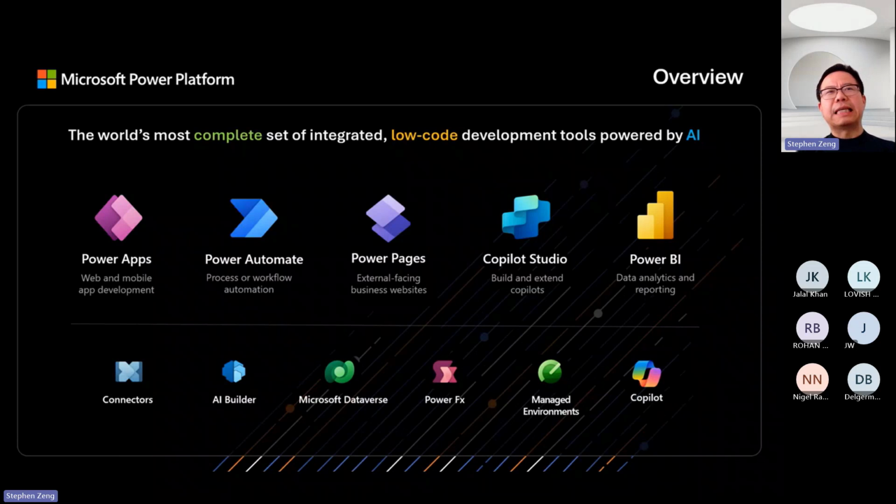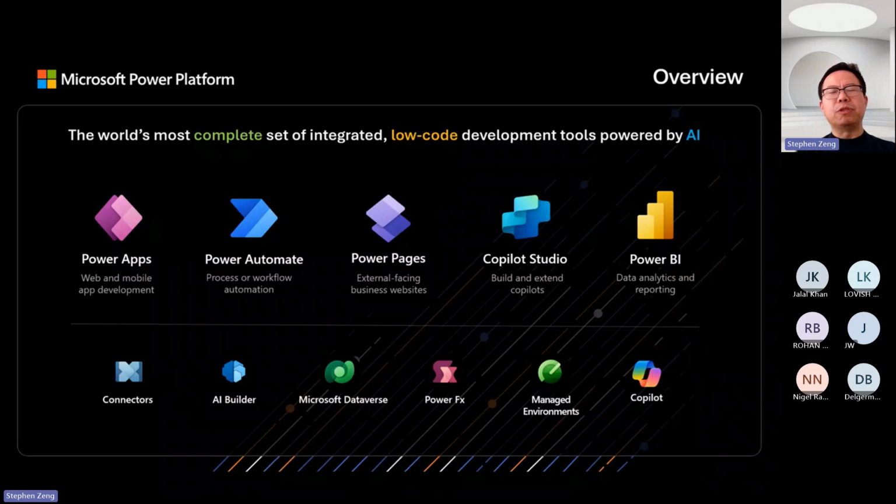And also there are some key components, including connectors. A connector is a wrapper of an API. An API is an interface, from the programming language or pro-code development perspective, for you to invoke from your application or your system to interact with another system, right?